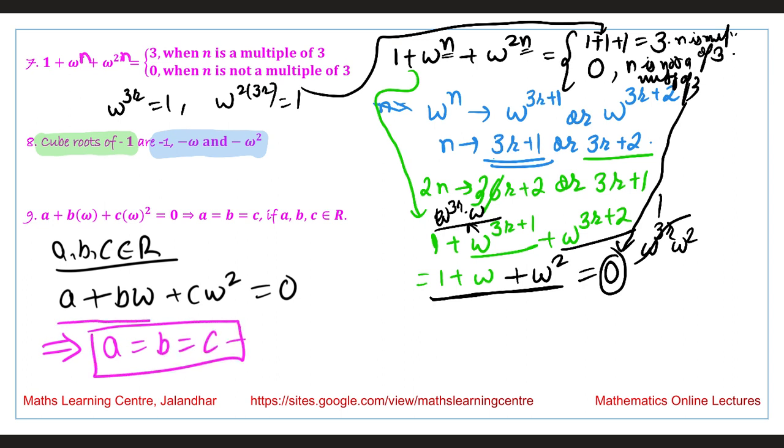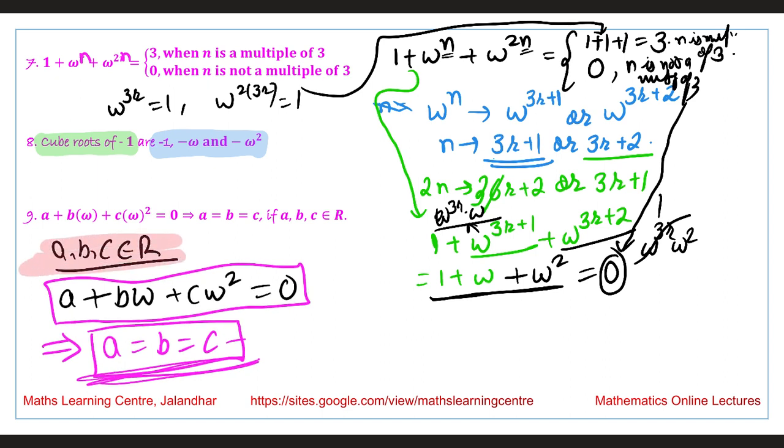That is, a plus b omega plus c omega square equal to 0 implies a is equal to b is equal to c. But the important condition here is that a, b, c are real numbers.